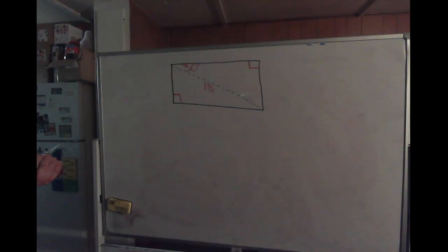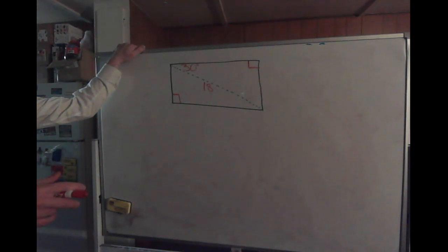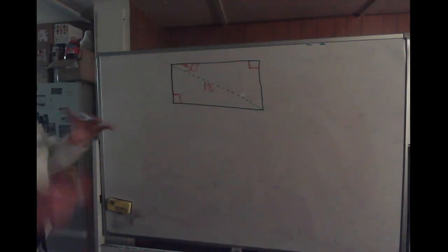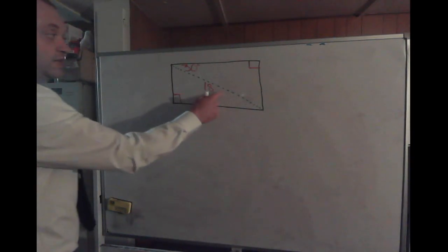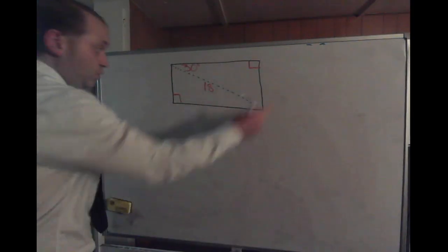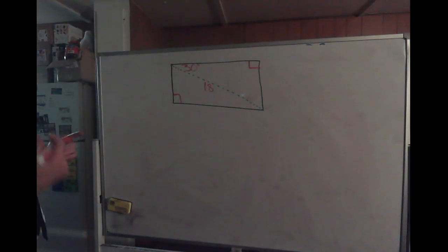So, in order to solve for the area of this shape, we need to find the base and height of one of the triangles, right? Because this is a rectangle split into two triangles. The hypotenuse is clearly 18. The shorter leg of that right triangle is across from the 30-degree angle. What do we know about 30, 60, 90 triangles?